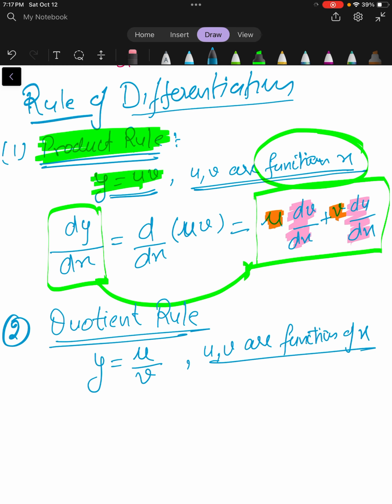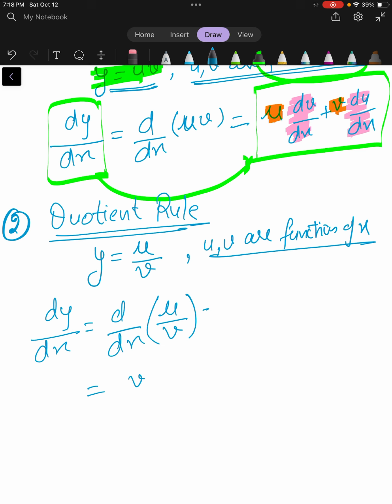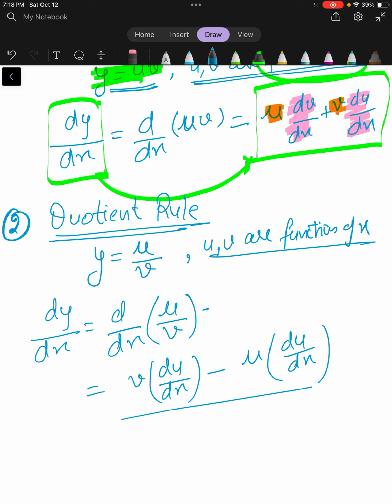In this case, dy upon dx is equal to d upon dx of u upon v. The formula is very interesting. First of all, we take v common and write du upon dx. Then minus, we take u common and write dv upon dx, divided by v square.